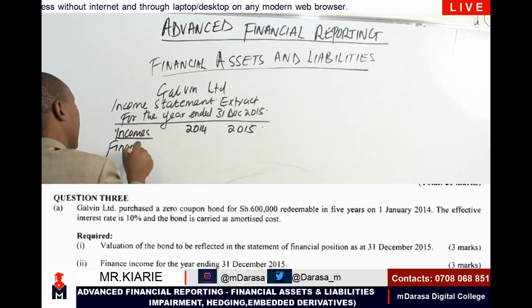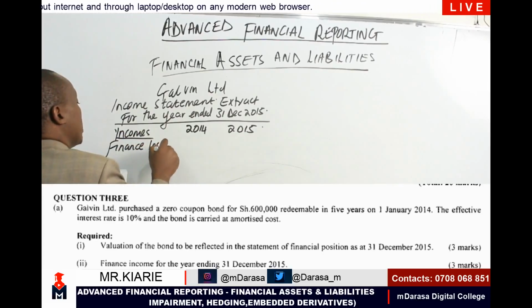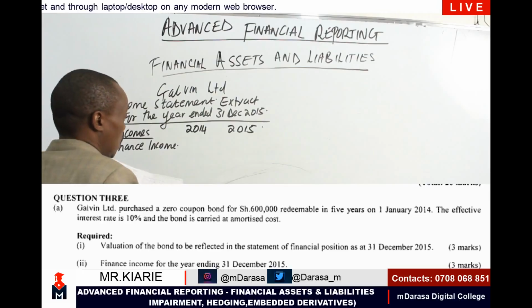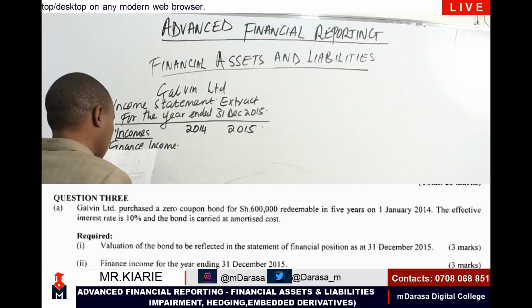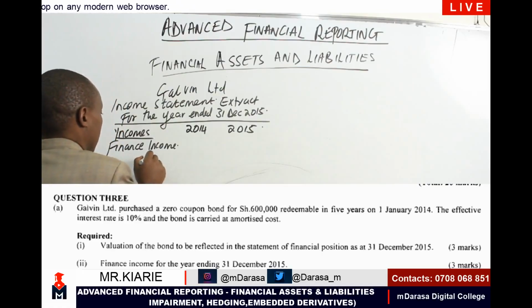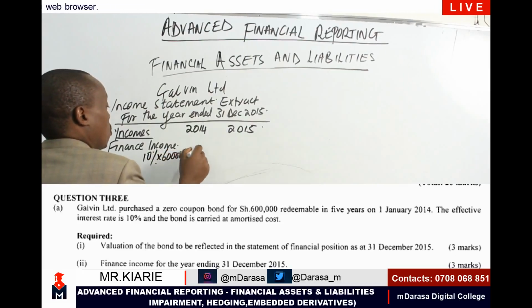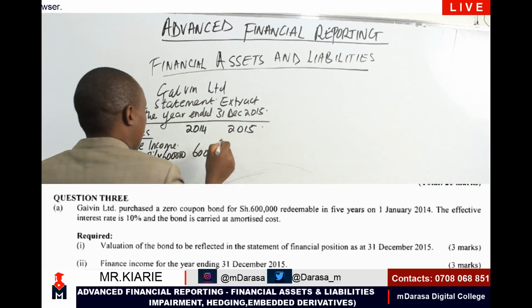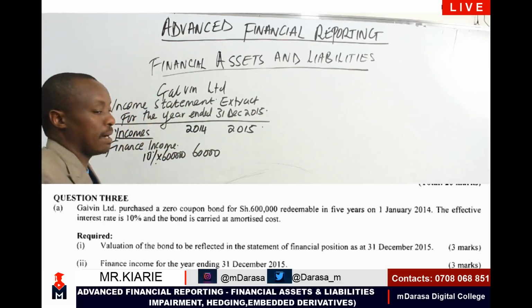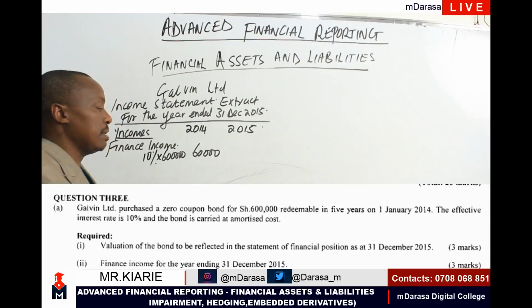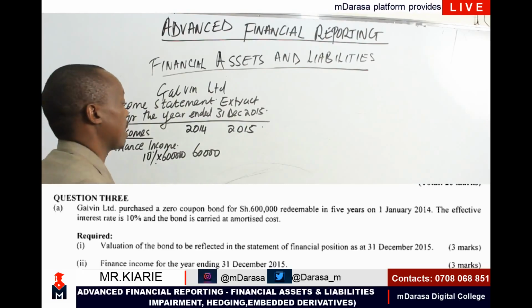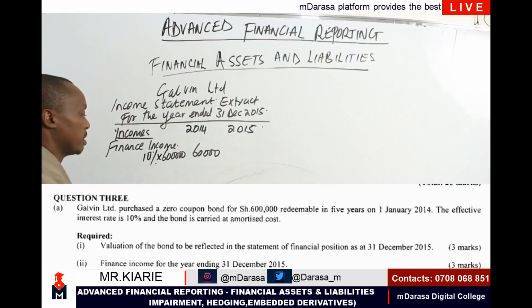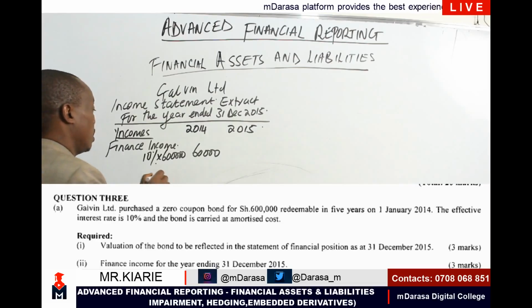Finance income that will be recognized in 2014 will be 10% of 600,000, which is 60,000. But remember, what the examiner wants is not the finance income of 2014, but rather that of 2015.